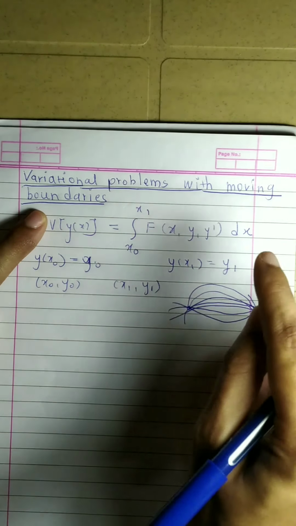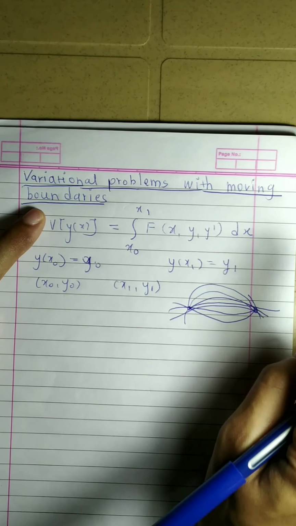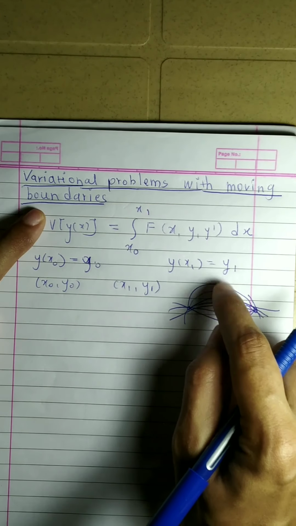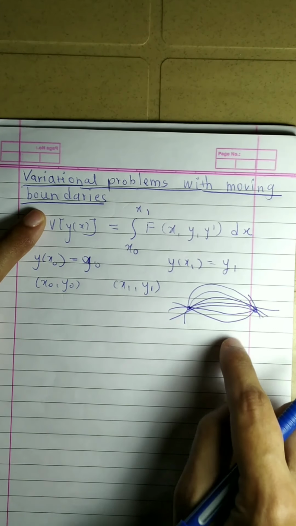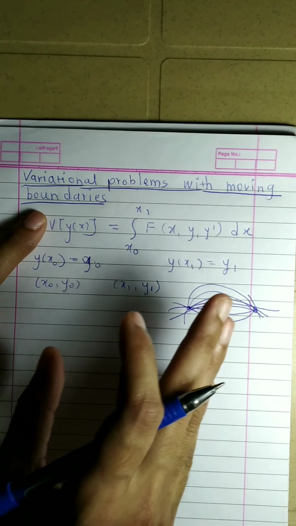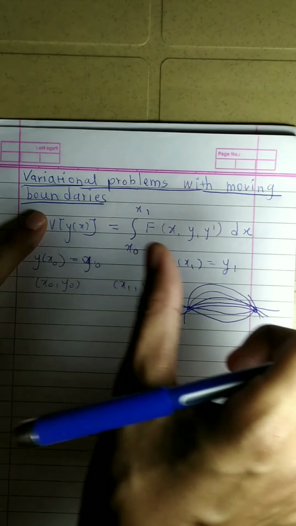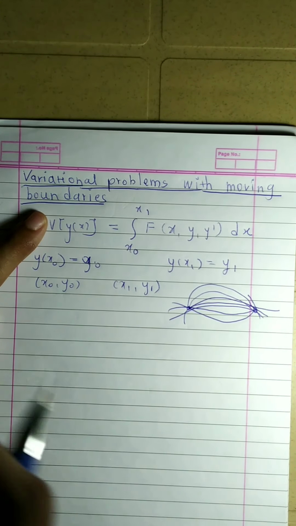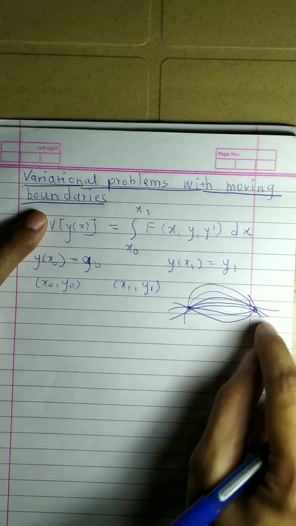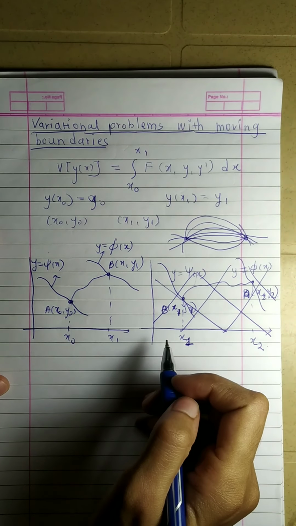If at all the extremum is attained, then that curve will be any one from among these curves, because there are also cases where the extremum is not attained. Therefore, if the extremum is attained, that curve, which we called an extremal, will belong somewhere in this class.